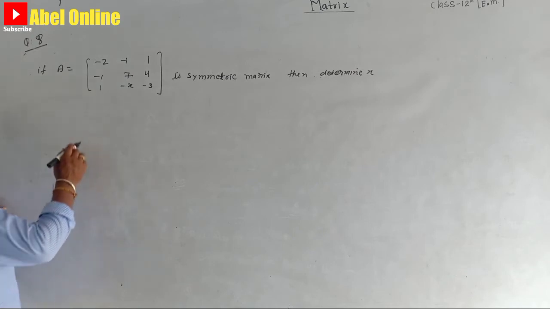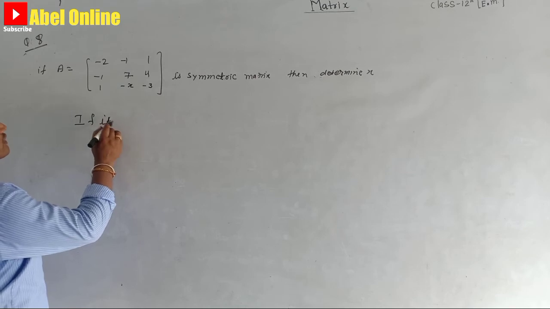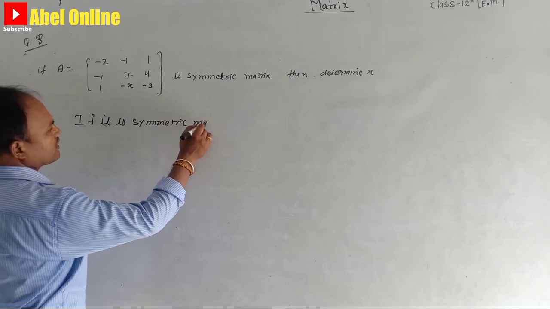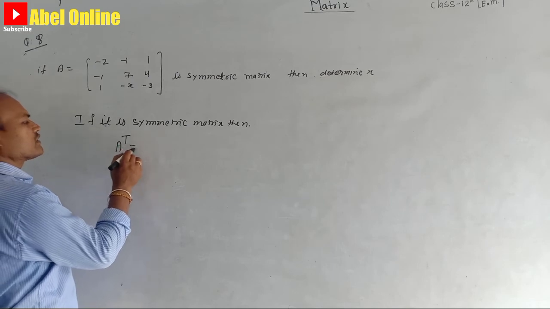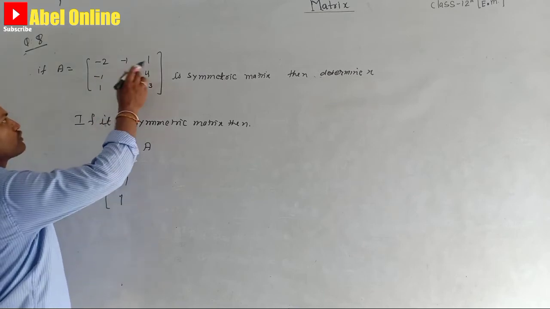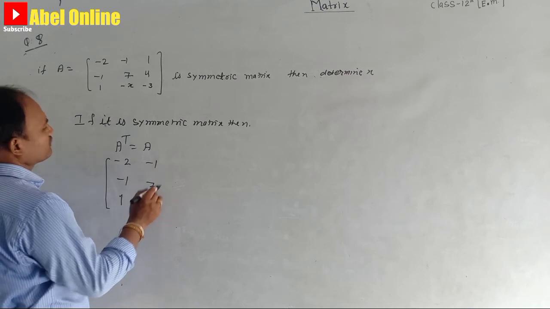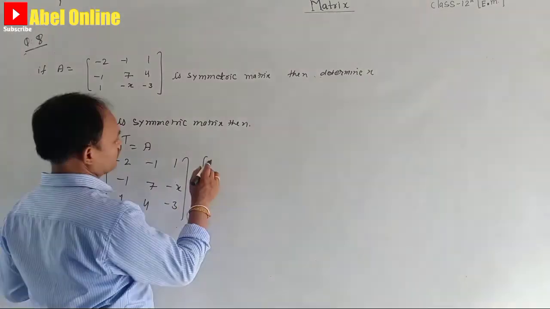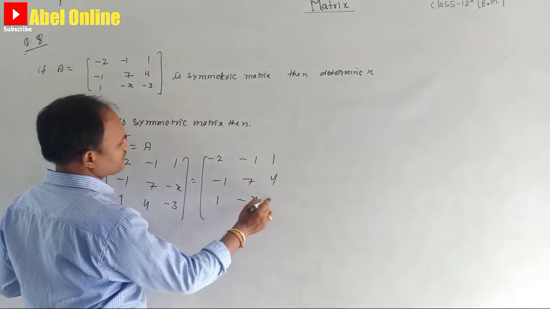If it is a symmetric matrix, then A transpose equals A. So we can say that A transpose is -2 -1 1, -1 7 4, 1 -x -3, converting rows to columns, and this is equal to A, which is also given as -2 -1 1, -1 7 4, 1 -x -3.